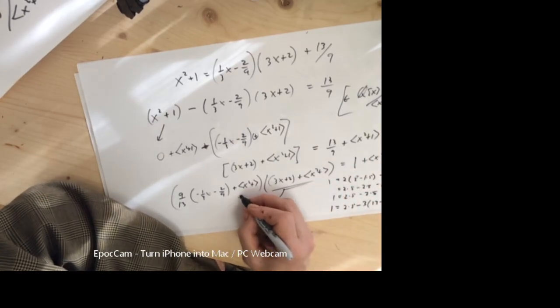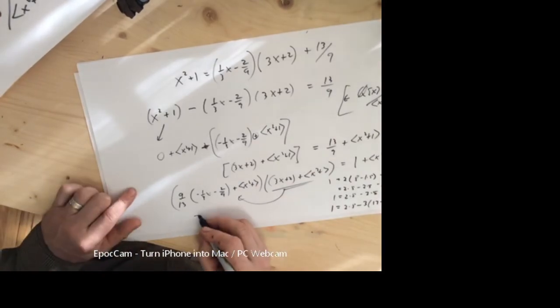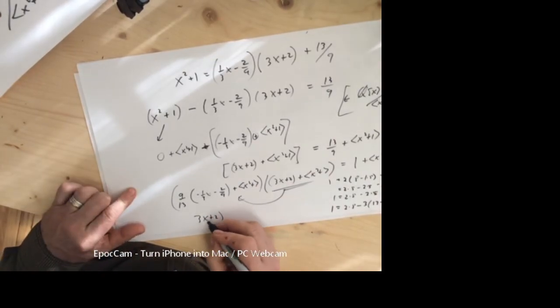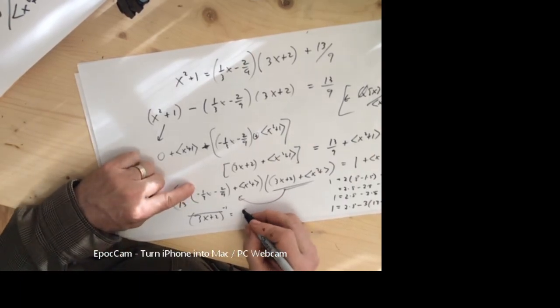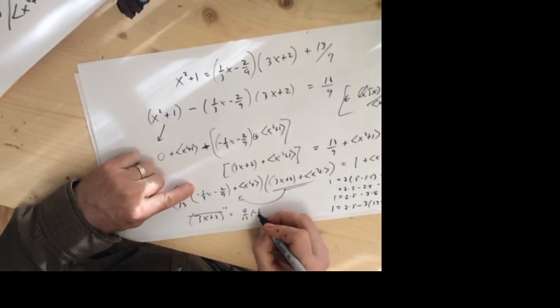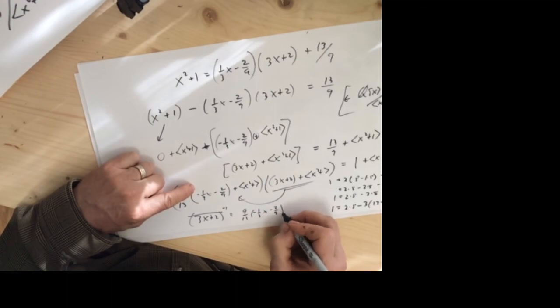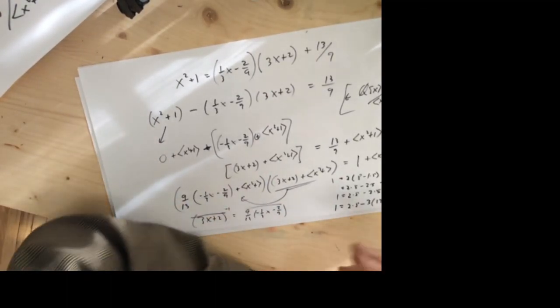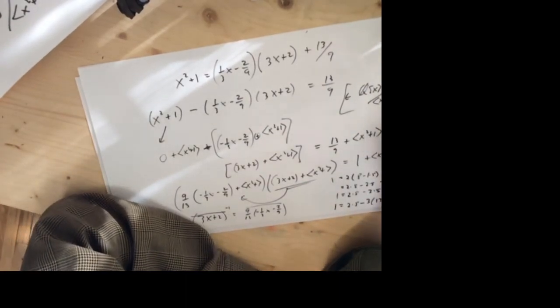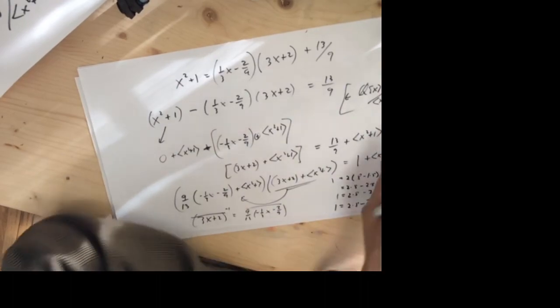This guy, we have its inverse. 3x plus 2 bar inverse is 9/13 minus 1/3 x minus 2/9 bar. And you can multiply them out and check that you actually get a multiple of x squared plus 1 plus 1. And so it'll be 1.